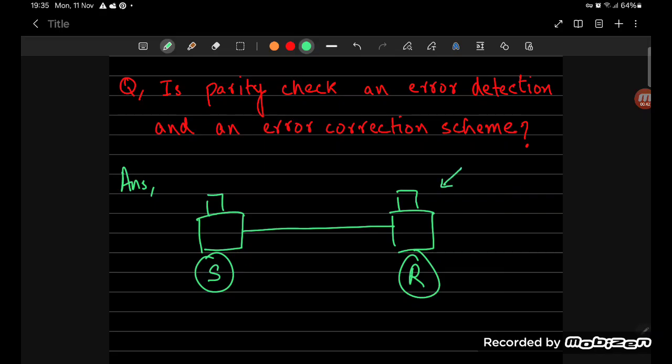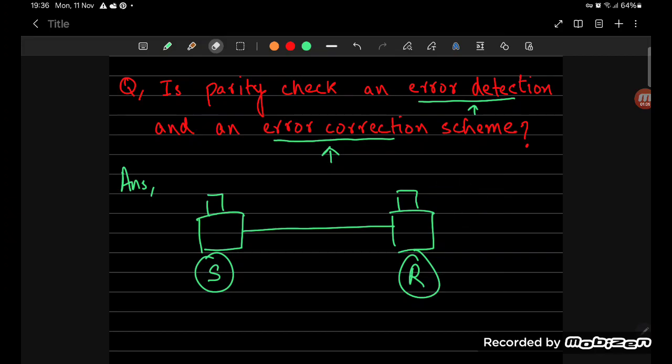Because if error detection has to be done, it has to be done at the receiving side, and if any error correction has to be done, now that you have detected the error and you want to correct it, this also is going to be done at the receiving side. So we're going to take a look at the activity on the receiving side.